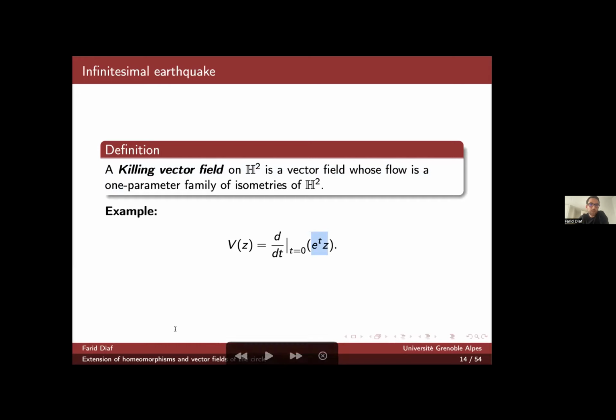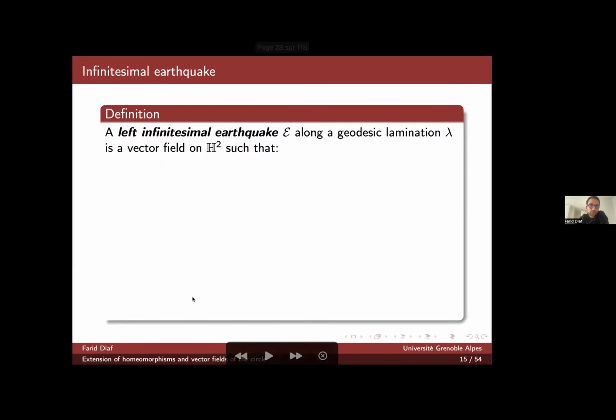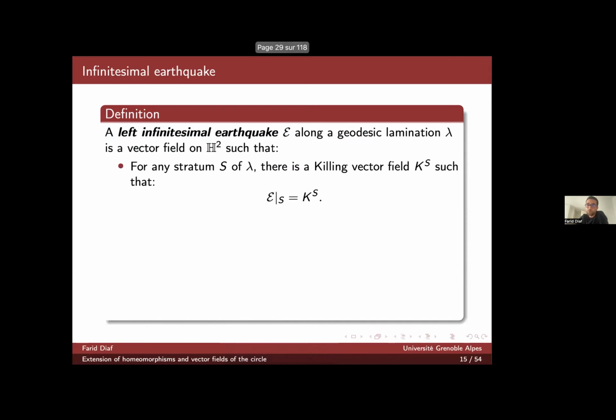Okay. And then the definition of infinitesimal earthquake is the same as earthquake, you just change the word isometry to Killing vector fields. So a left infinitesimal earthquake along a geodesic lamination is a vector field on H2 for which, along any stratum S, namely a leaf or a connected component of the complement of the geodesic lamination, there is a Killing vector field K_S, which depends on S, such that the restriction of E is K_S.